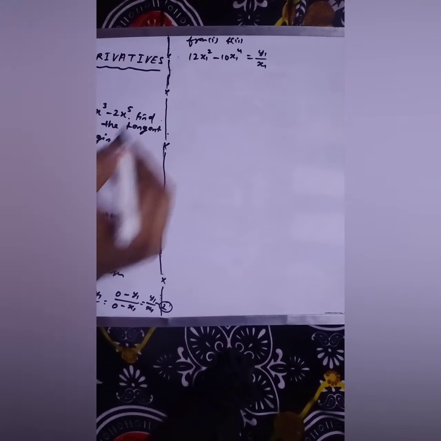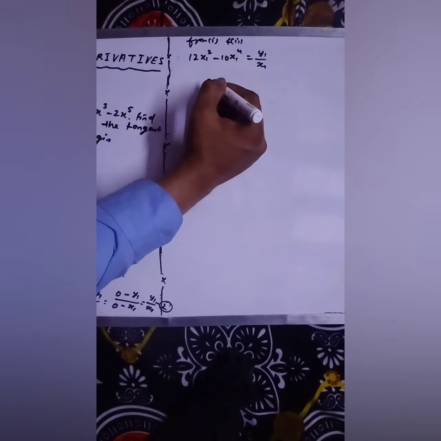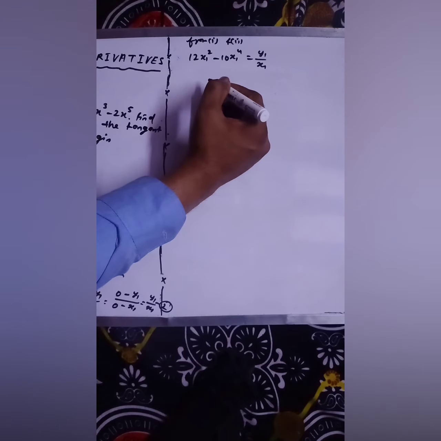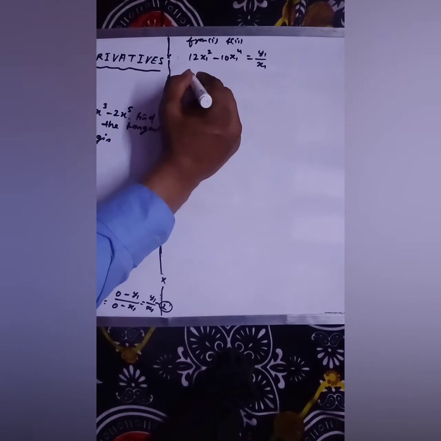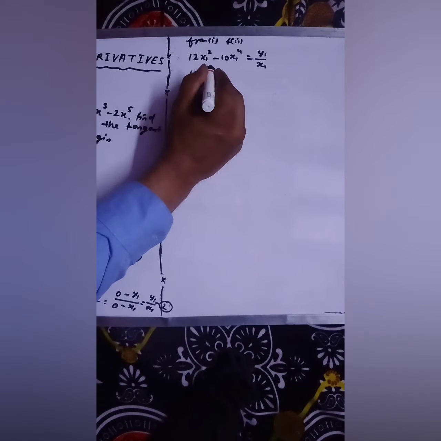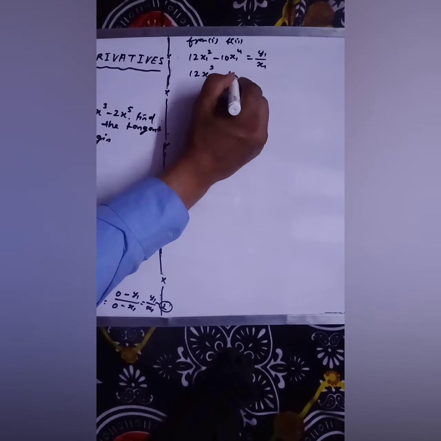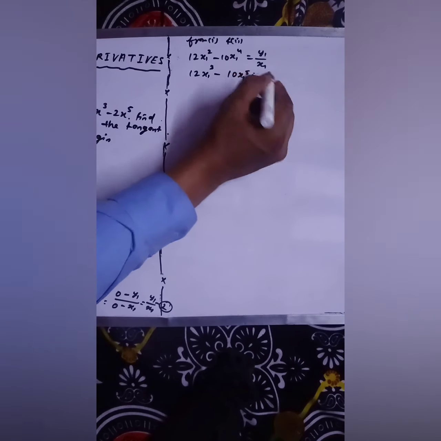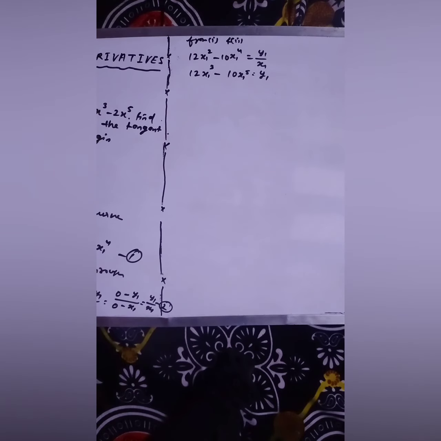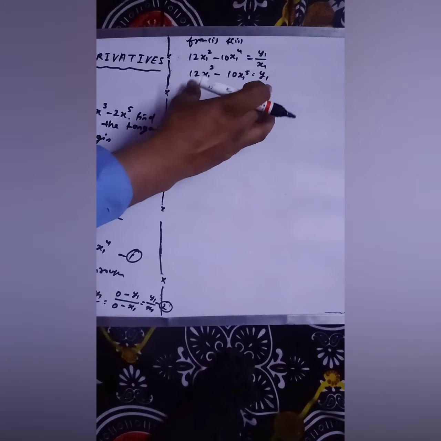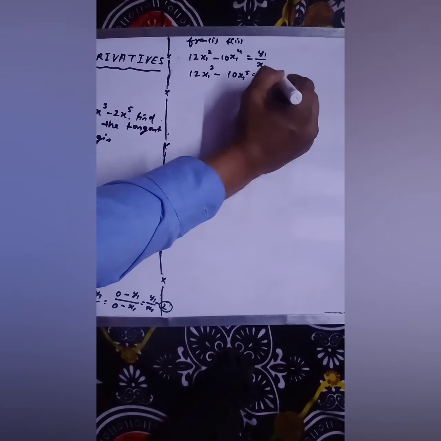Now you have to cross multiply. This is your y1. So here your y1 is equal to this. So this is your equation number 3.